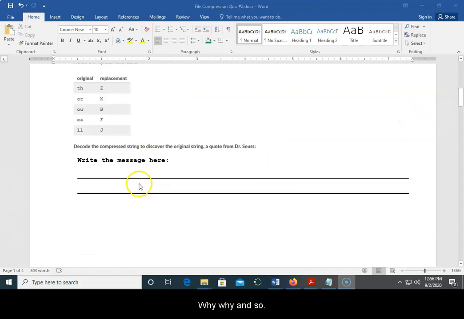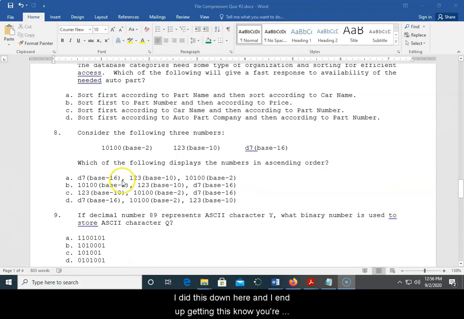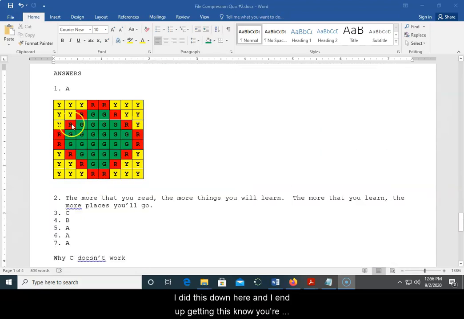And so I did this down here, and I end up getting this. Now, on your AP test, you're not going to be able to draw in the colors, but at least you could look at this and ask, what shape is it creating? Well, it looks like it's creating a green diamond, and kind of a red diamond as well.